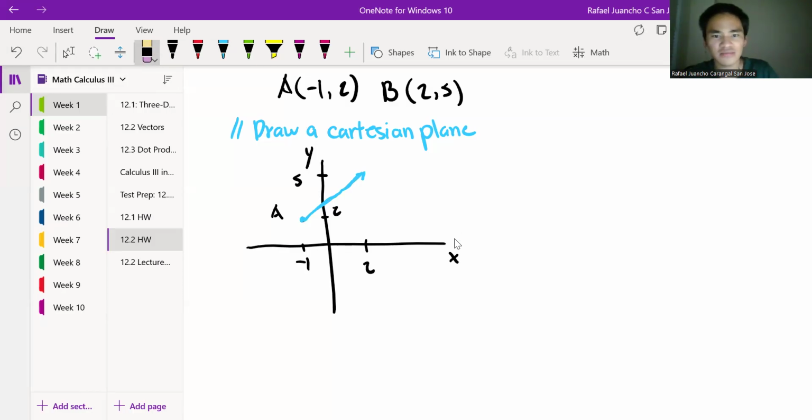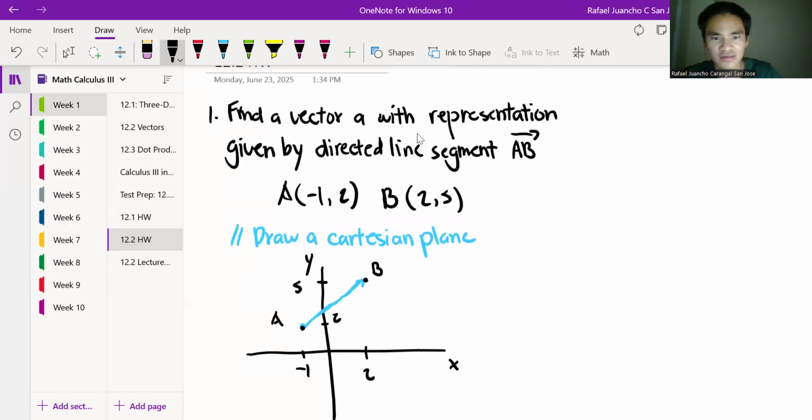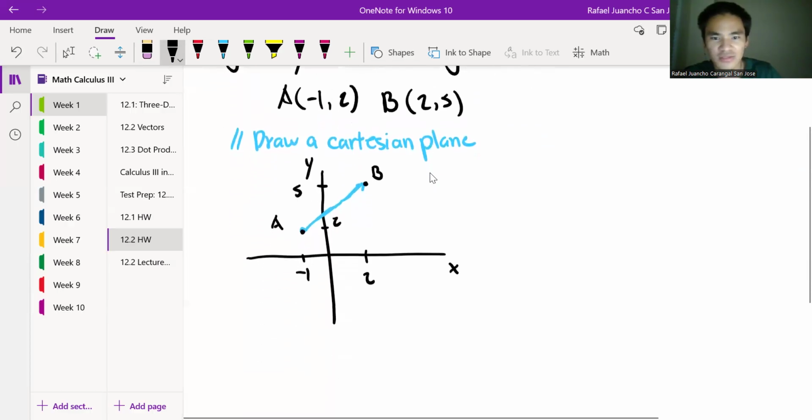So my B is here. So this is vector A, because this is the tail and this is the head, or the initial point and the terminal point.